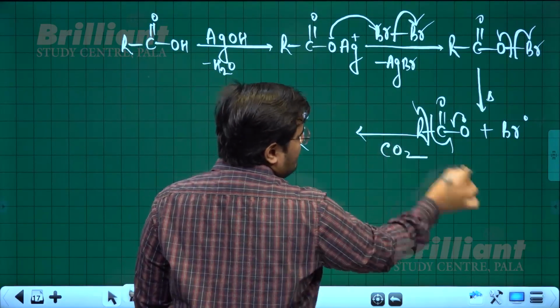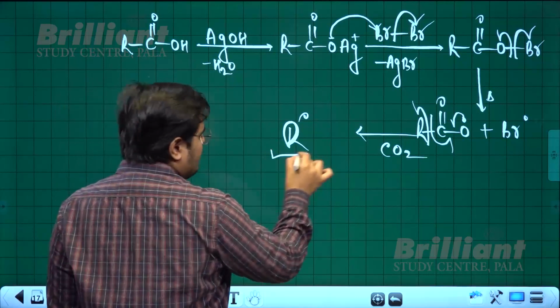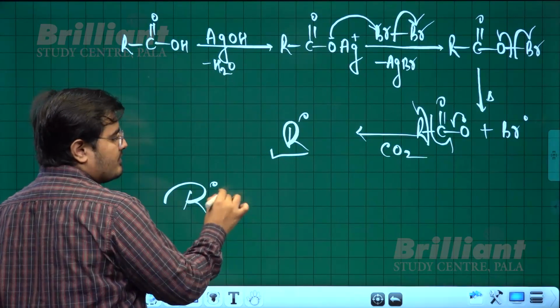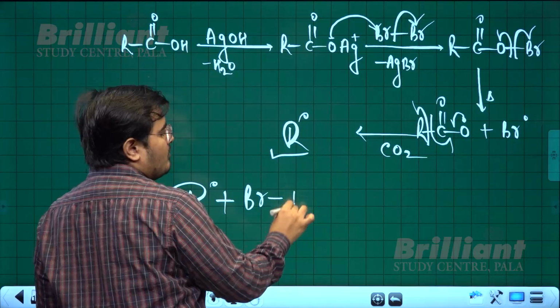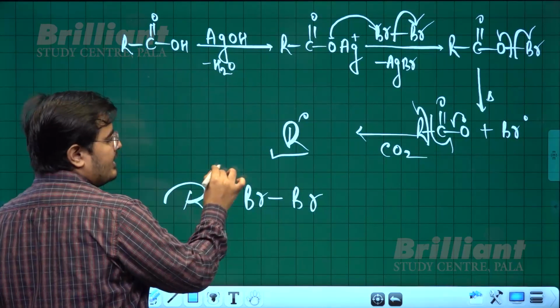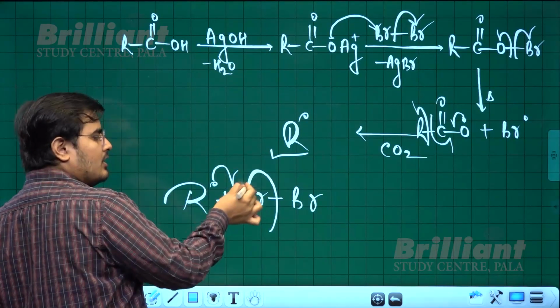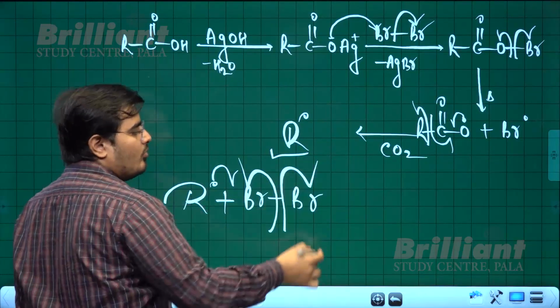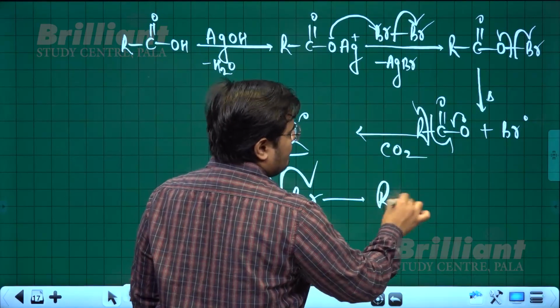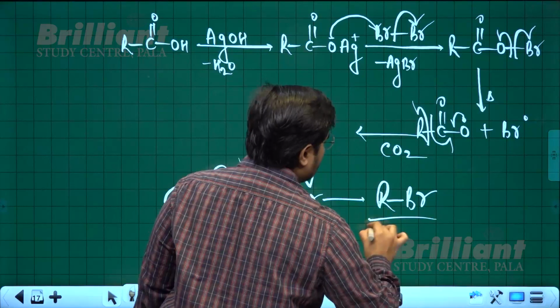So here CO2 will leave. So this R radical which is formed can attack another molecule of bromine. It can offer this bromine 1 electron. So this bond will also break homolytically, resulting in the formation of RBr.